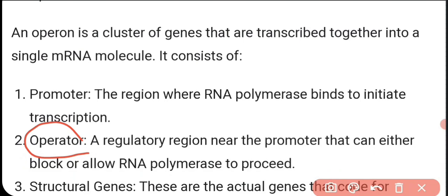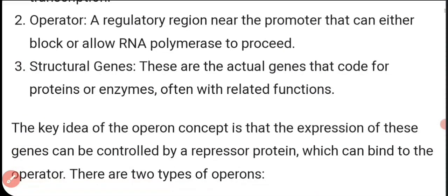So it's a control point where the RNA polymerase has to pass. If the regulatory region is blocked, then RNA polymerase will not proceed and there will be no transcription.